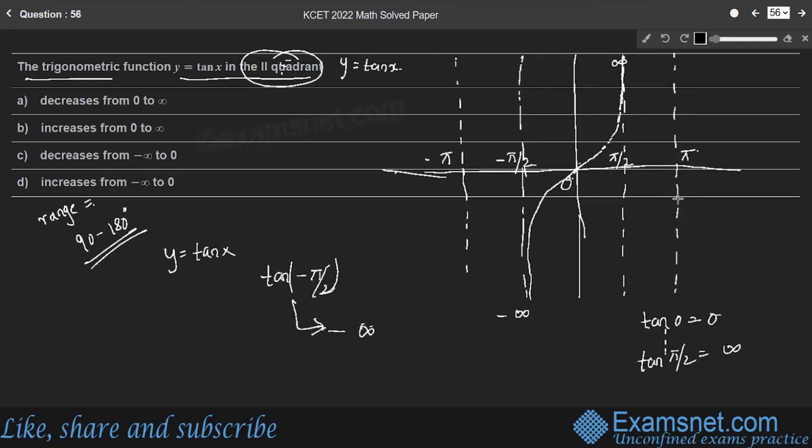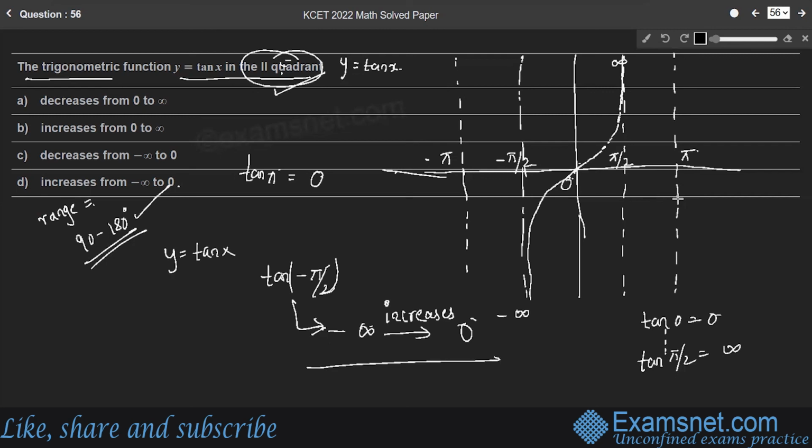Now, consider another angle, tan 180 degrees, that is tan pi. Tan pi is always 0, whether it is plus pi or minus pi. Therefore, from minus infinity to 0, the value increases in the second quadrant.